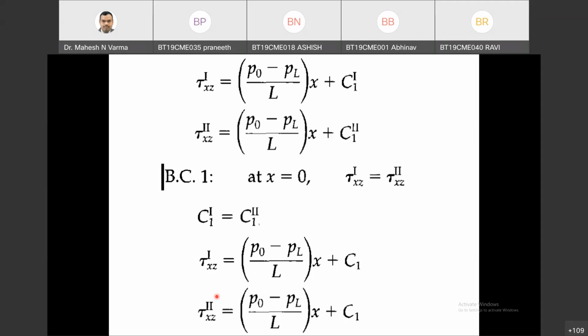Sir, can you repeat the question? Repeat the question: what is the velocity profile? How to get the velocity profile? First of all, tell me, Pranit. Newton's law of viscosity we can apply. So just substituting Newton's law of viscosity, we will get a velocity profile.